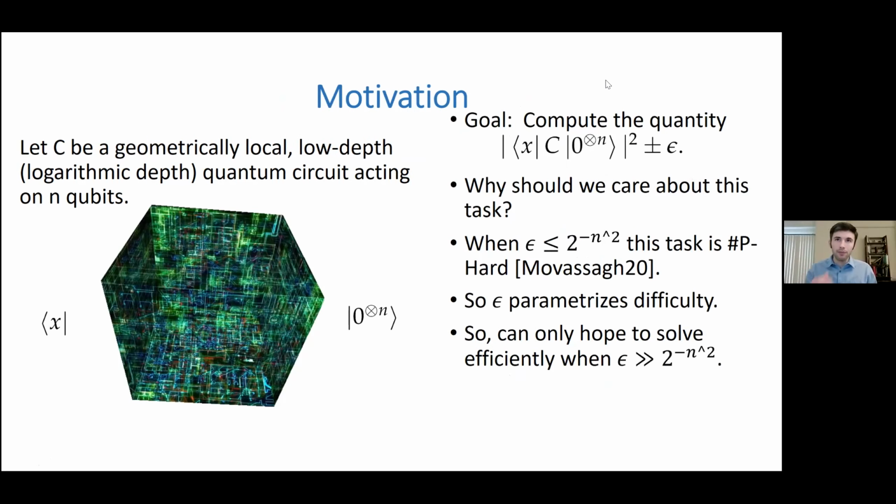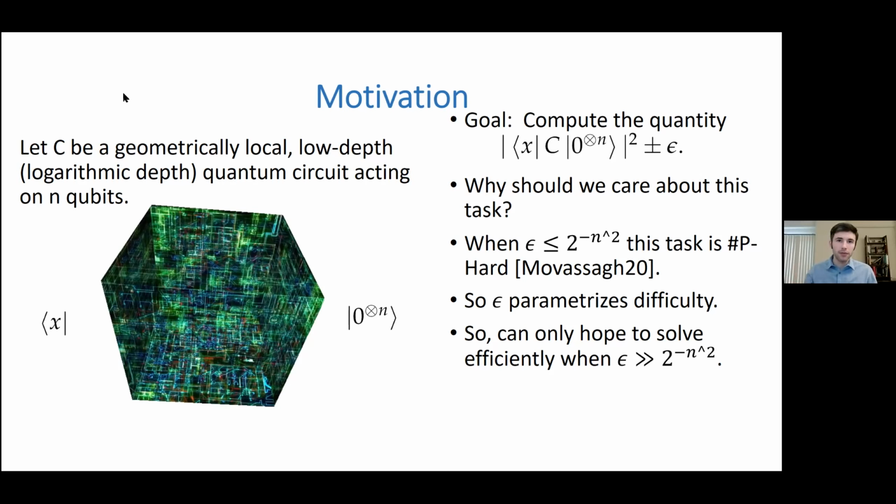So that's our problem statement. Let me talk really briefly just about why we should be interested in this task. When you hear about these types of circuits, geometrically local and low depth, a lot of people might immediately start thinking about sampling problems, or perhaps about some kind of adaptive measurement procedure, measurement-based quantum computation or something like that.